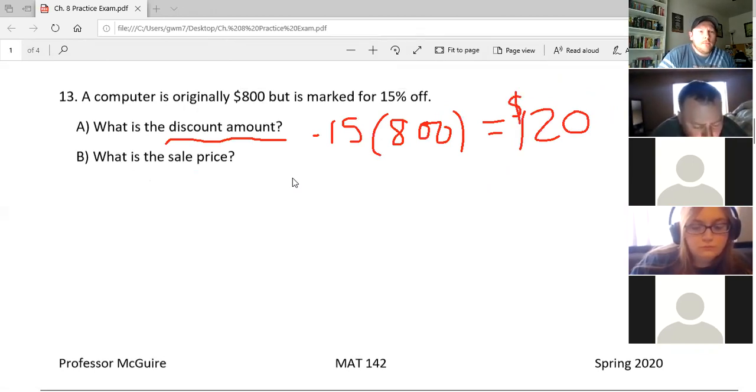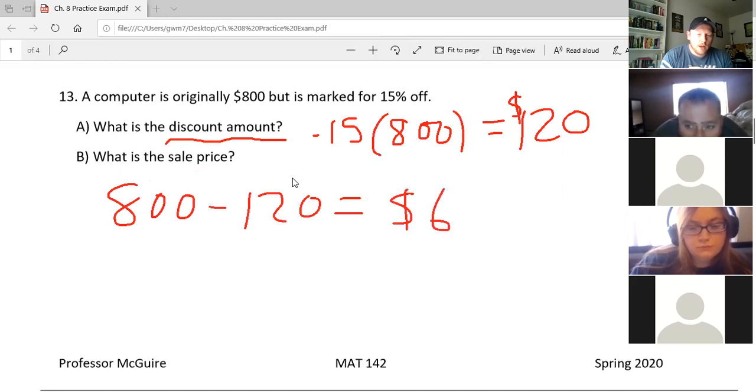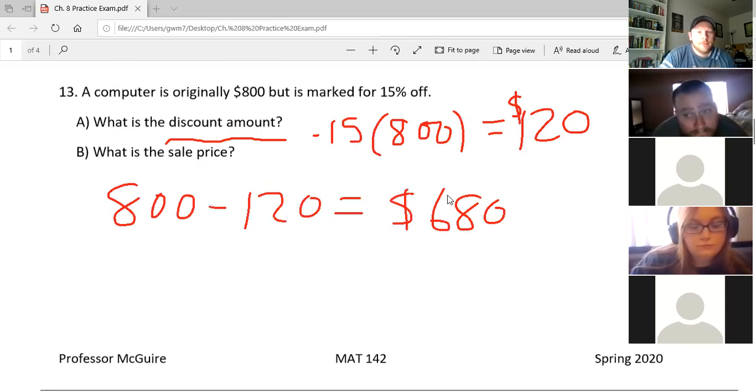And the discount amount is the amount taken off. So it started at 800 and you subtract off that 120, it leaves you $680 that you have to pay for this computer. Pretty good deal.